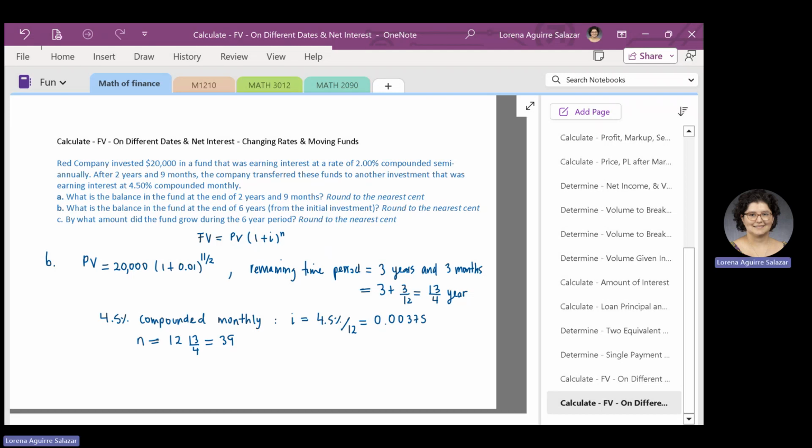So then the future value of the 20,000 that we had at the beginning will be the future value of this amount that we have after 2 years and 9 months.